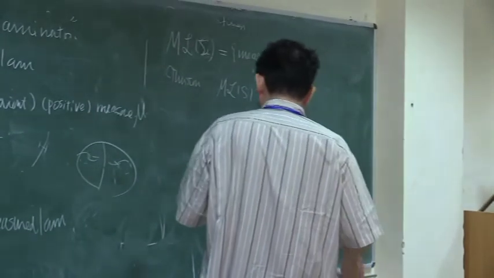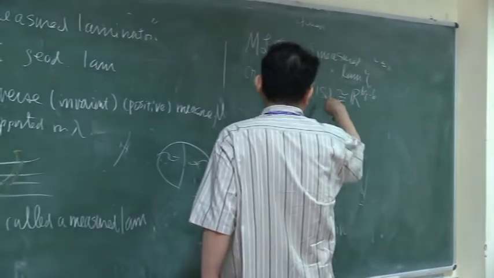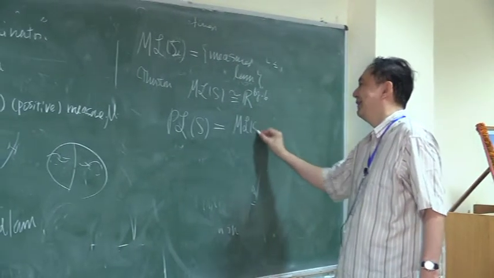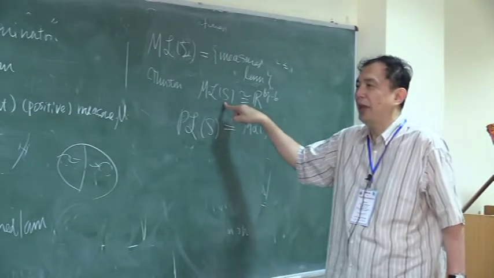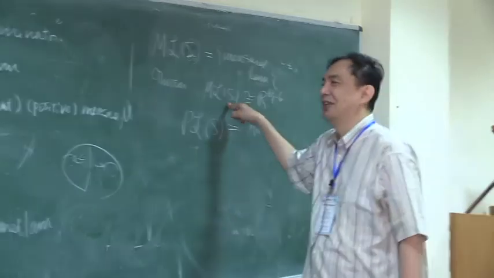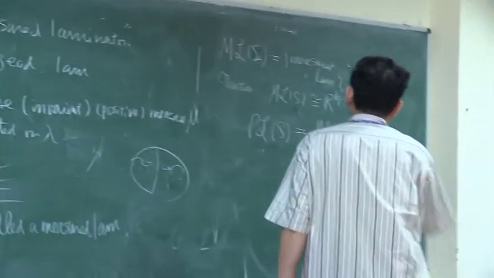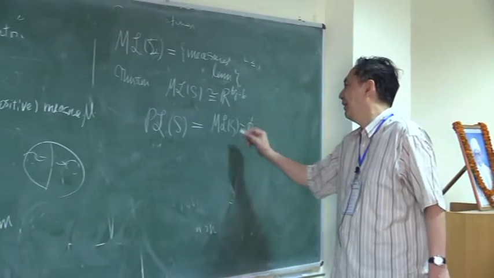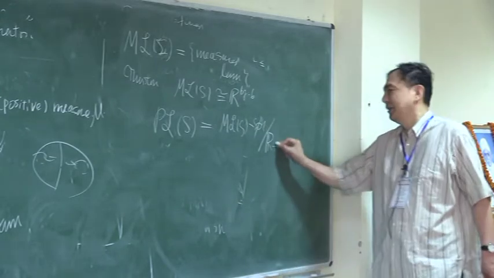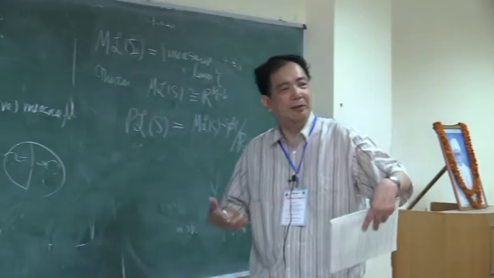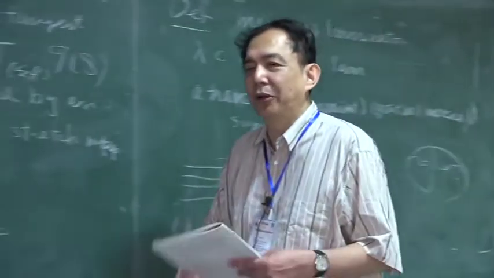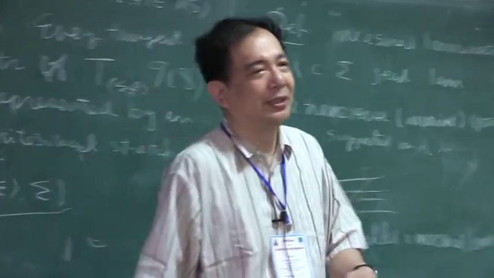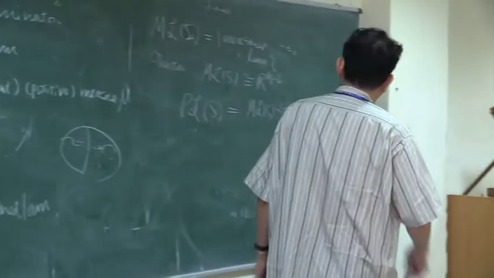And what we'd like to consider is the projectivization of this space. This contains the empty set by definition, so we take it out, and then identify two measured laminations if the transverse measure of one is a scalar multiple of the other.